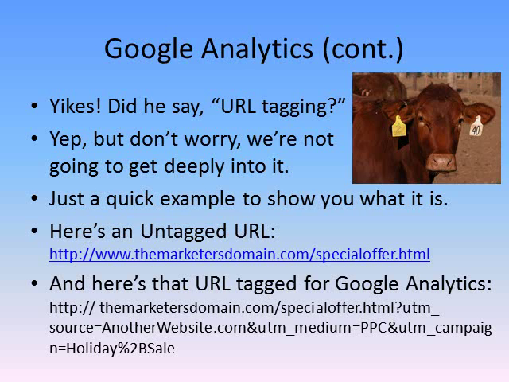Notice that it starts off with the same thing as above, then it has a question mark, and then it has some UTM stuff. See that? Let's break that apart, take a little bit closer look at it. The tag is everything after that question mark.